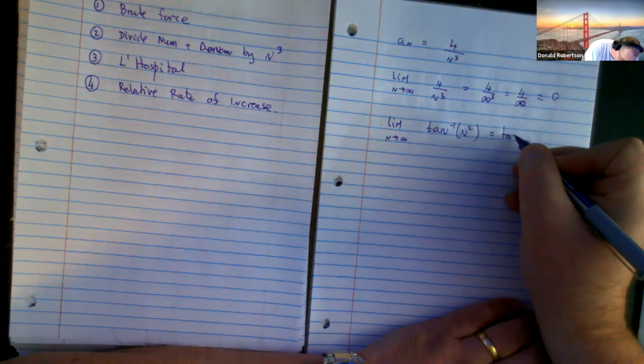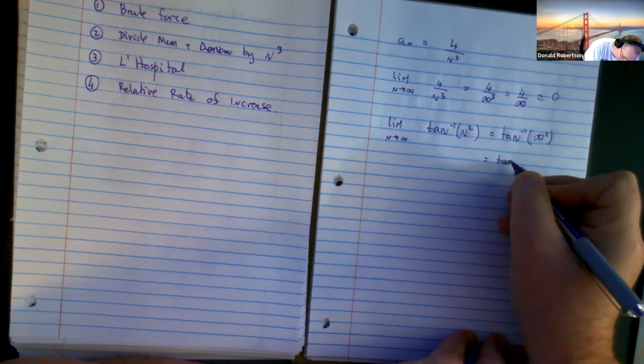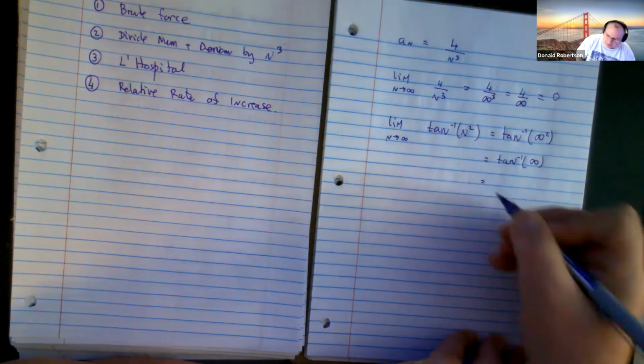Show you another one. Still on brute force. Suppose I had a sequence which was the inverse tan of n squared, right? Imagine that was my sequence. Now, if you do brute force, you're going to get the inverse tan of infinity squared. And that's going to become the inverse tan of infinity. But the inverse tan of infinity is not infinity.